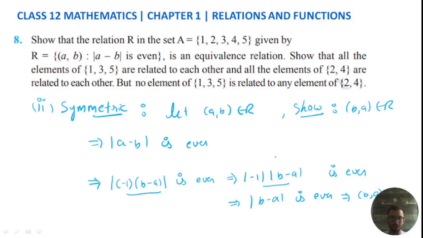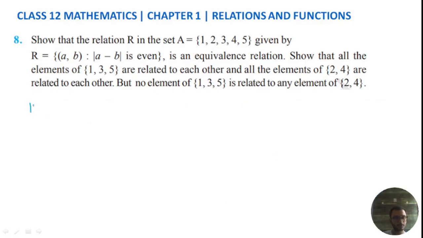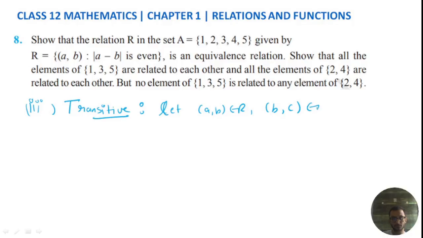Now let's move to the transitive part. Third is transitive. For transitive, we'll have to let (a, b) belong to R and (b, c) belong to R. What does this mean? That the modulus of a minus b is even and the modulus of b minus c is even.